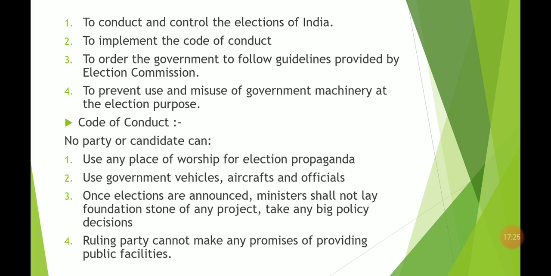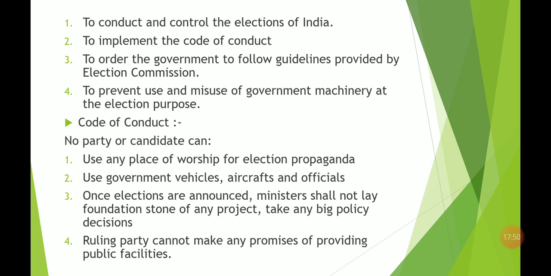The Election Commission can implement the code of conduct. So what is the code of conduct? We'll explain in the same slide. To order the government to follow the guidelines provided by the Election Commission. So the ruling government also gets guidelines from the Election Commission, and those guidelines are to be followed by the ruling government also.